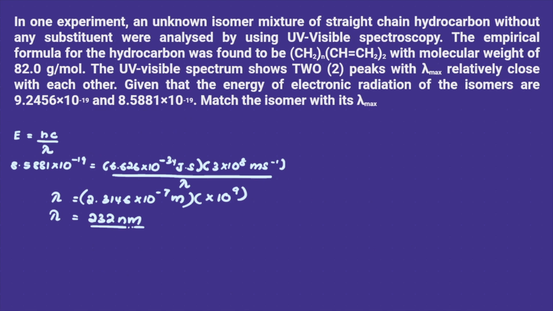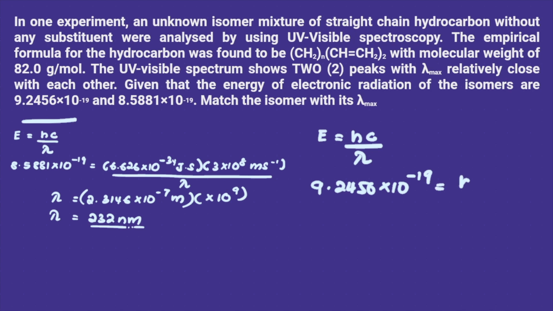Alright, so up next we are going to do the same thing. Energy is equivalent to the Planck constant times the speed of light divided by the wavelength. Given to you, the energy is 9.2456 times 10 to the power of negative 19, which is equivalent to the Planck constant times the speed of light divided by the wavelength.